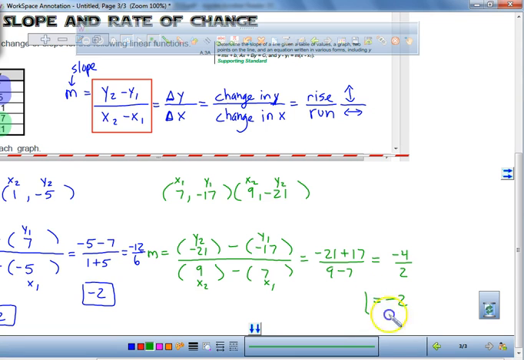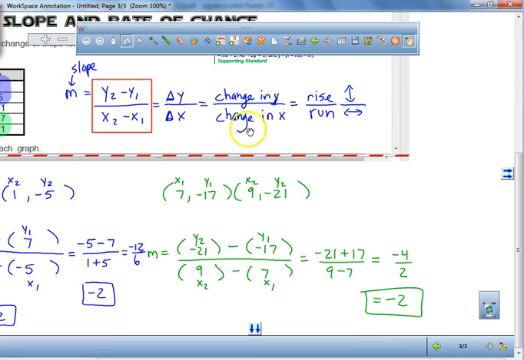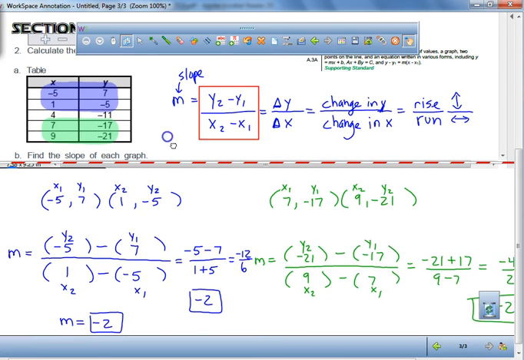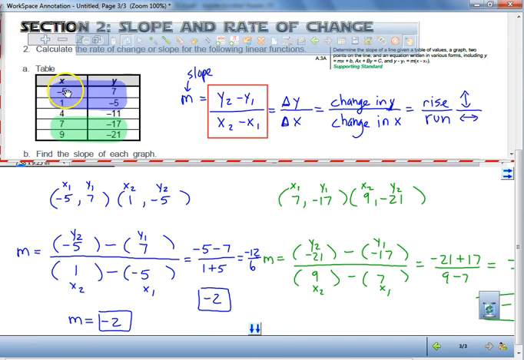Still a -2. So what did I get both times for my slope? -2. Now I could keep going and use any two sets of these ordered pairs, and you should still get a -2. I just did two of them, knowing that you have a choice. Did I have to choose -5, 7 and 1, -5? No, I could have chosen any 2 points. Any 2 points would get me the same slope.